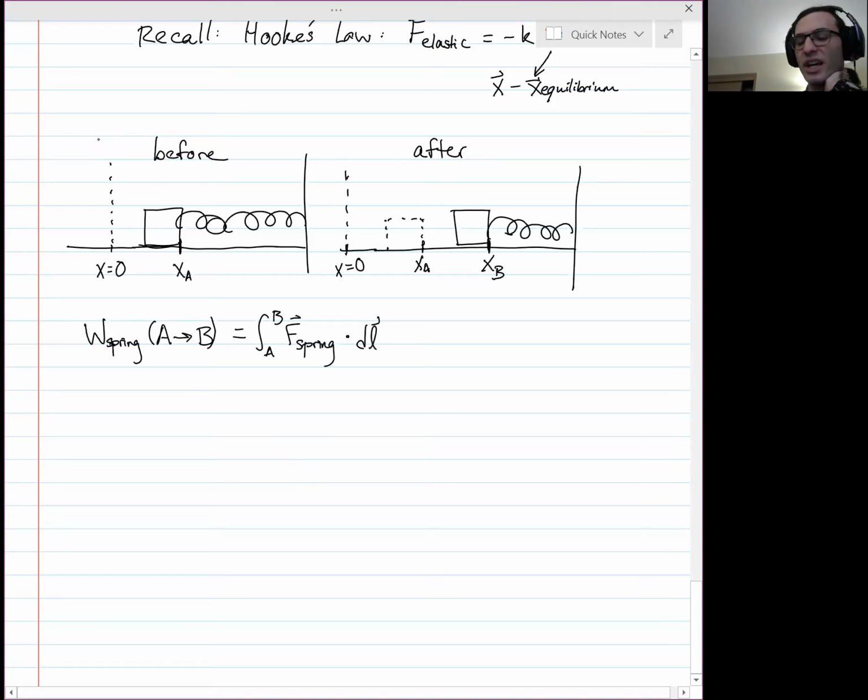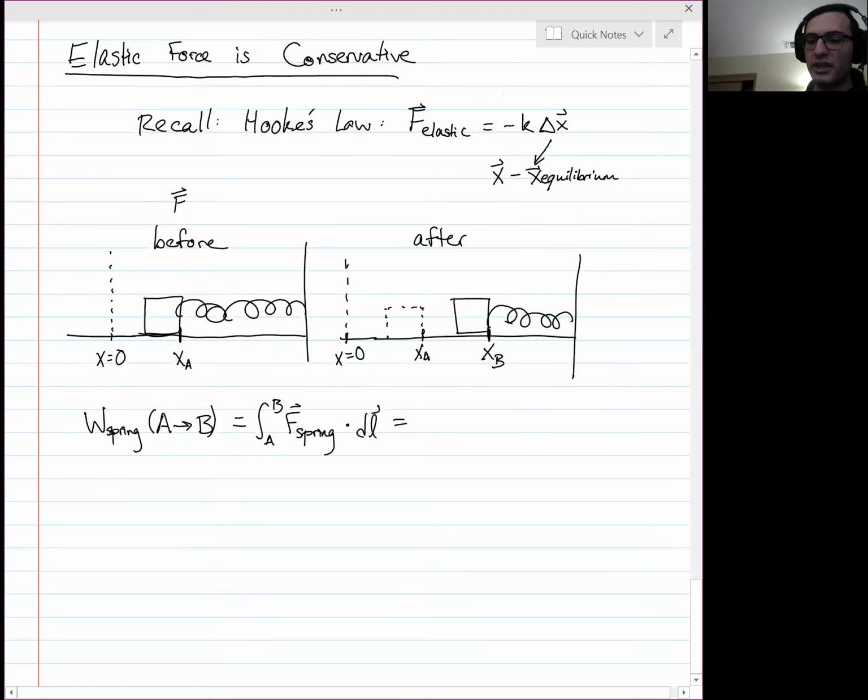Let's just say that x equals 0 is where the equilibrium is, just for example. We could have labeled it anything else and it would have canceled out, but let's just take that as an example. So this integral then, well, the force in one dimension is just explicitly minus k x, because x equilibrium is just the number 0.